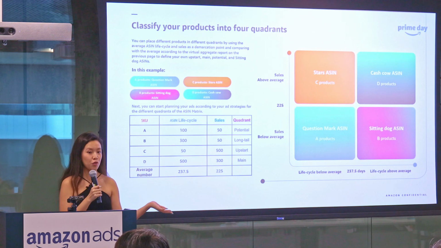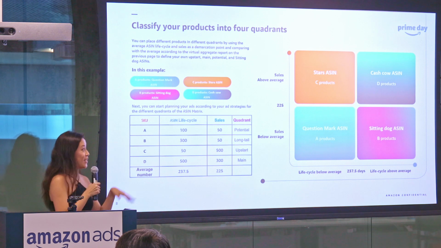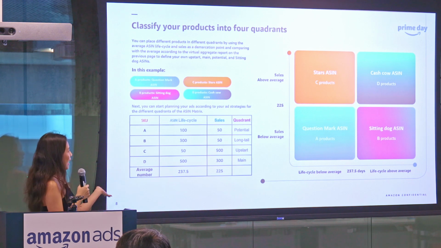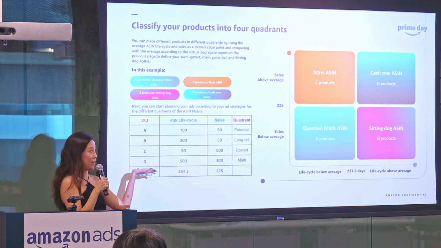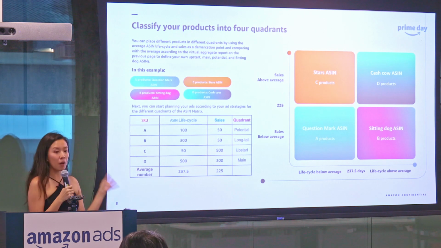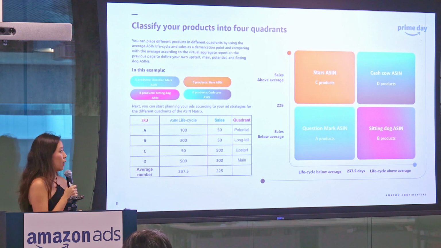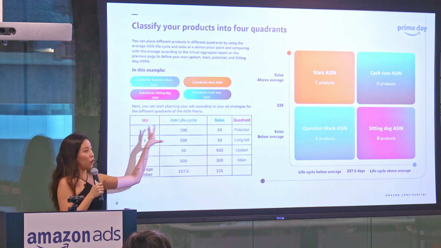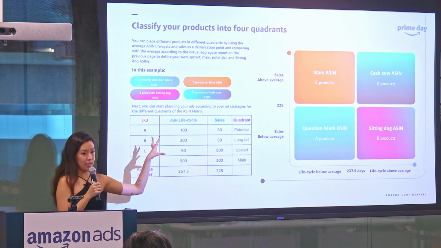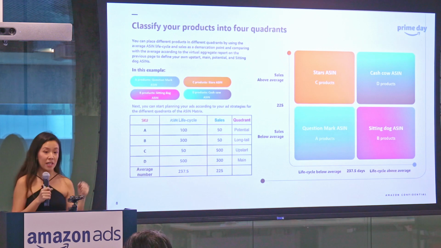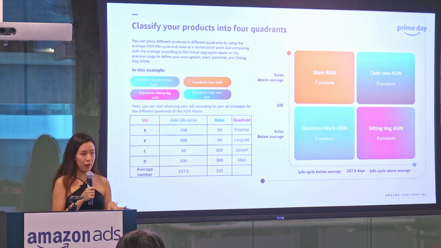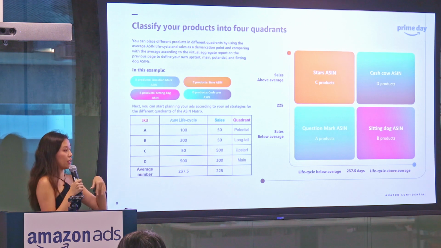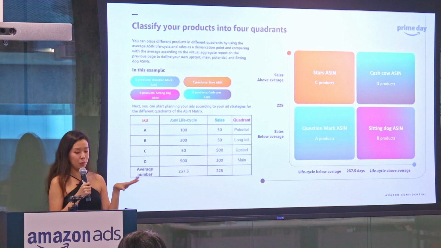It's your main sales driver, your core. This is a principle I also implemented in my previous job in FMCG: there's always a core product within your portfolio that drives most of your sales. These 2 buckets of ASINs will be your main sales drivers and your priority for Prime Day, and I'll dive into the specific advertising strategy for them.